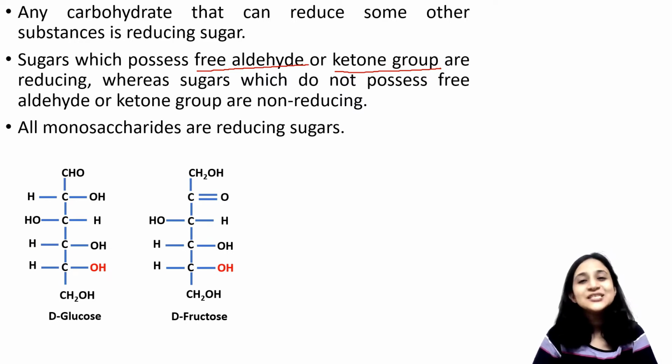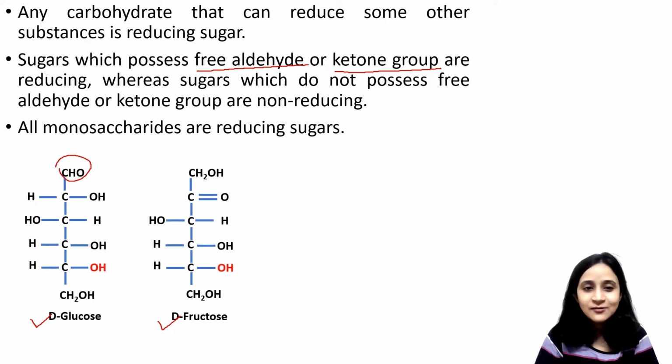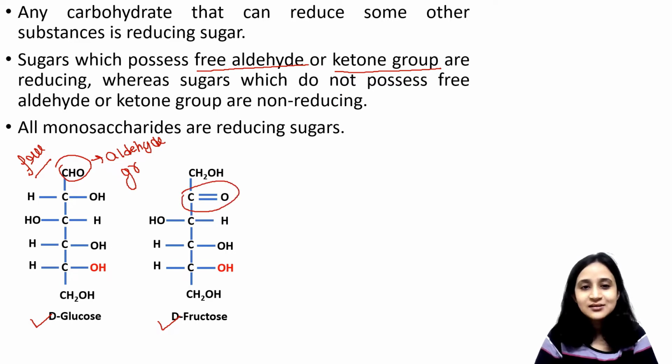So here we will see two examples. One is D-glucose, another is D-fructose. In case of D-glucose, we can see this is the aldehyde group, and this group is free here. In case of D-fructose, we can see CO is the free ketone group.